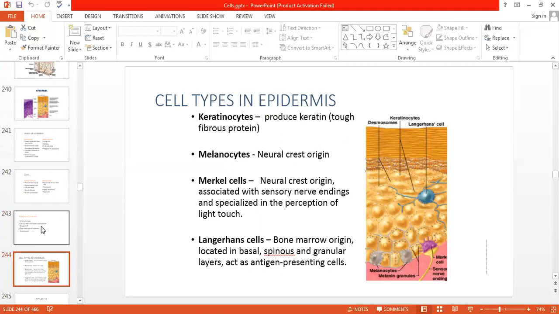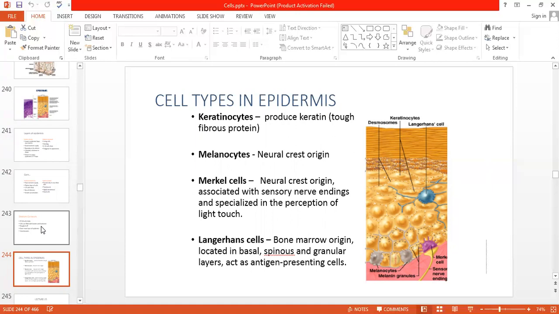Then we come to the second layer of the skin, which is further subdivided. Sorry, first we see the types of cells present in the epidermis, the first layer. Keratinocytes produce keratin, a tough fibrous protein.